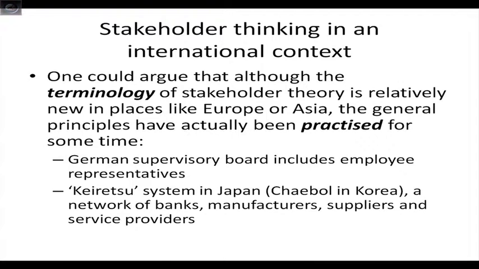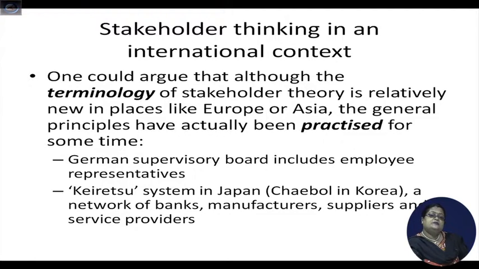So next, what we move on to is how the stakeholder theory is getting practiced in international context. So we see, when you're talking of maybe the German supervisory board, it already includes employee representatives, or the Keiretsu system in Japan, where you're talking of a network of banks, manufacturers, suppliers and service providers.